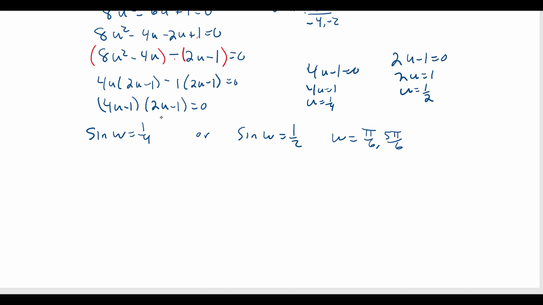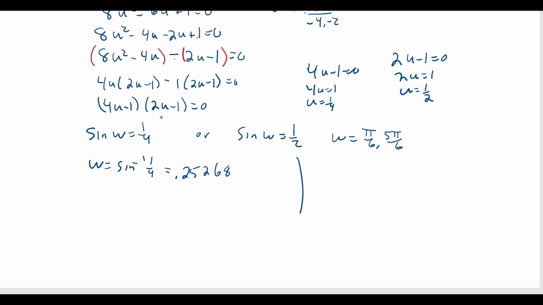For the other part, sine of w is 1/4. That means w equals sine inverse of 1/4, or arcsine. I'm getting out my calculator here. I do arcsine of 0.25, and I get 0.25268.